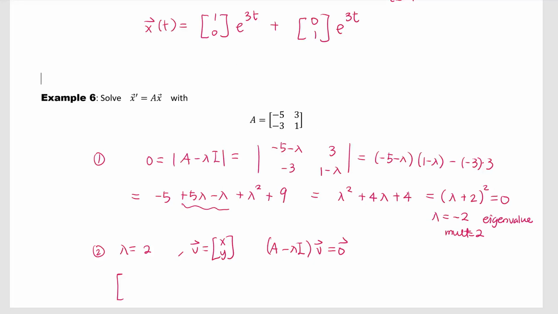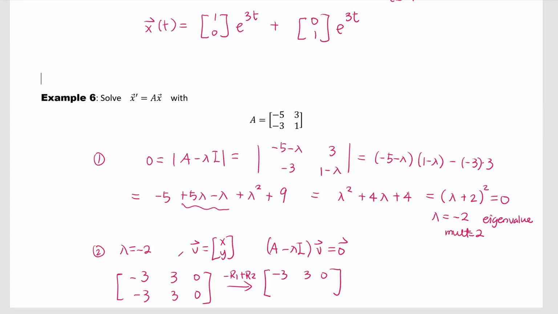Sorry, lambda is -2. So -5 minus -2 is -3. 3 stays here. Then we have -3 here, right? And then 1 minus -2 is 1 plus 2, that's 3. Oh, you can see the second row is always a multiple of the first row, so we can use -1 add to row 2.